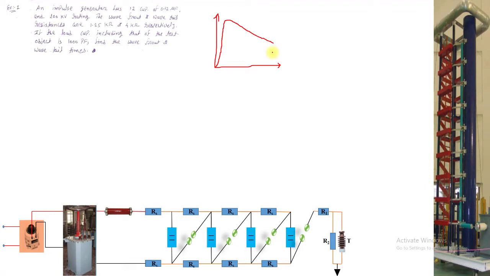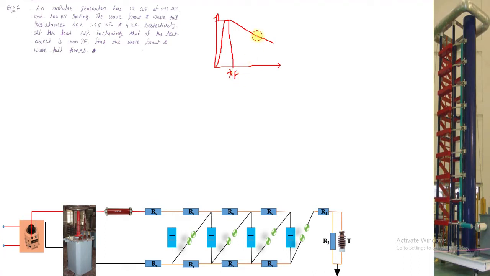So considering the definitions of wavefront time and wavetail time, wavefront time is defined as the time taken by the wave to attain the peak magnitude. This is the wavefront time, usually denoted by TF.